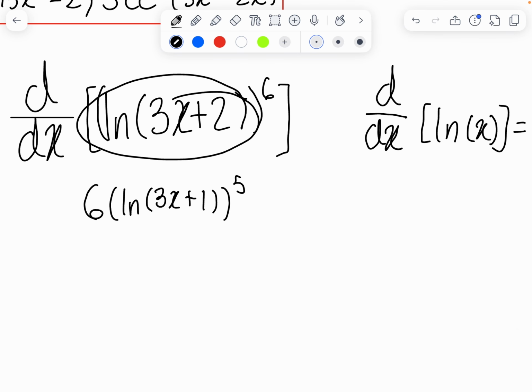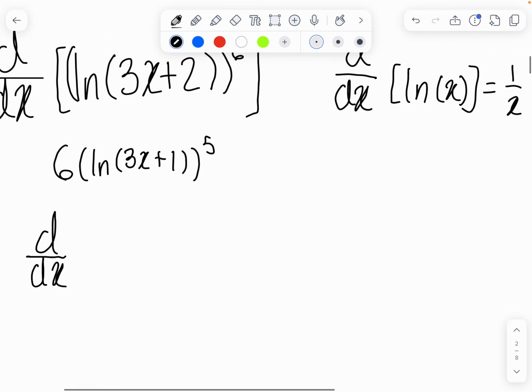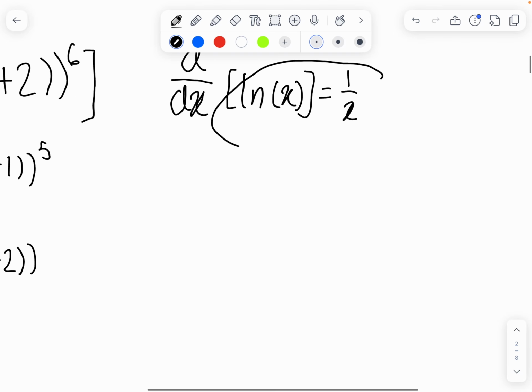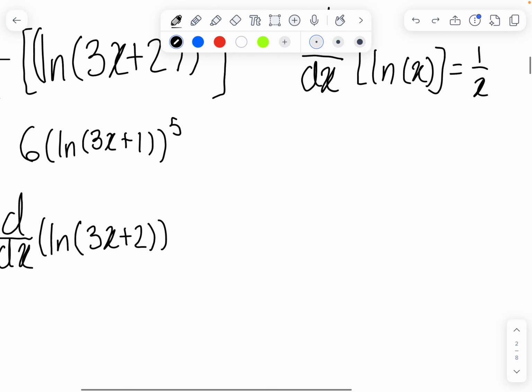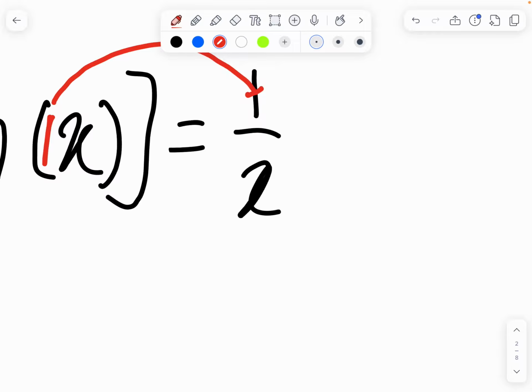So the inside is d/dx of ln(3x plus 2). Oh, and I forgot to write for this, but since we have 1 here, the derivative just transfers to the top, so you just multiply by 1.